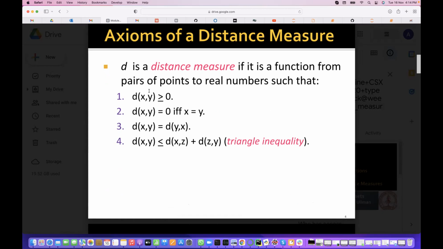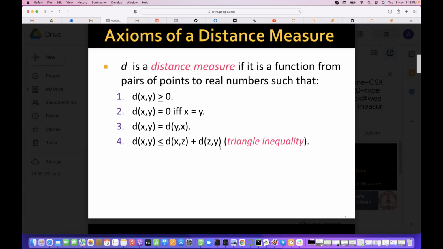What are the properties? D is a distance measure if it is a function from pairs of points to real numbers such that, first of all, distance is always greater than or equal to 0. Distance is equal to 0 only if both are the same element. And distance is commutative: whether you compute from x to y or y to x, you should get the same.